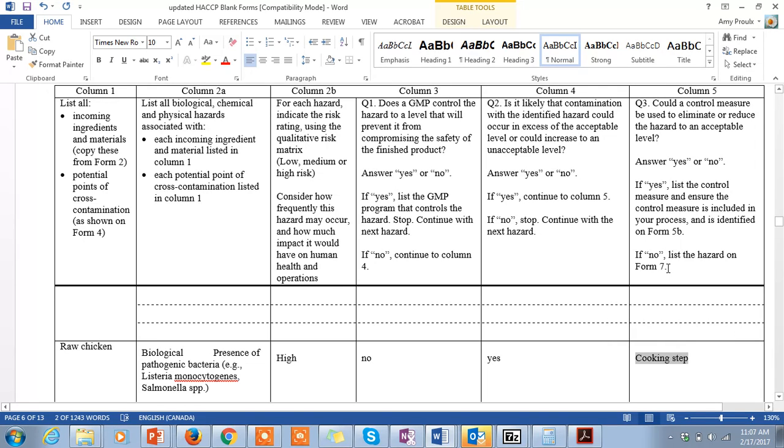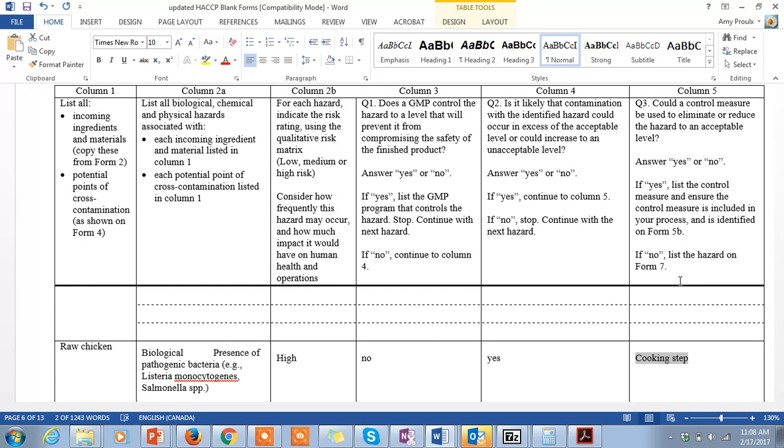no, knowing full well that you are passing on that hazard and you're passing on the relevant information to your customer. So in the case of the chicken fingers, you are going to be on Form 7 listing the hazard that is relevant, presence of pathogenic bacteria, and you're going to be listing the relevant information for the customer to then manage that hazard. In the case of chicken fingers, which are typically consumer packaged goods, you're going to have cooking instructions for the purchaser.